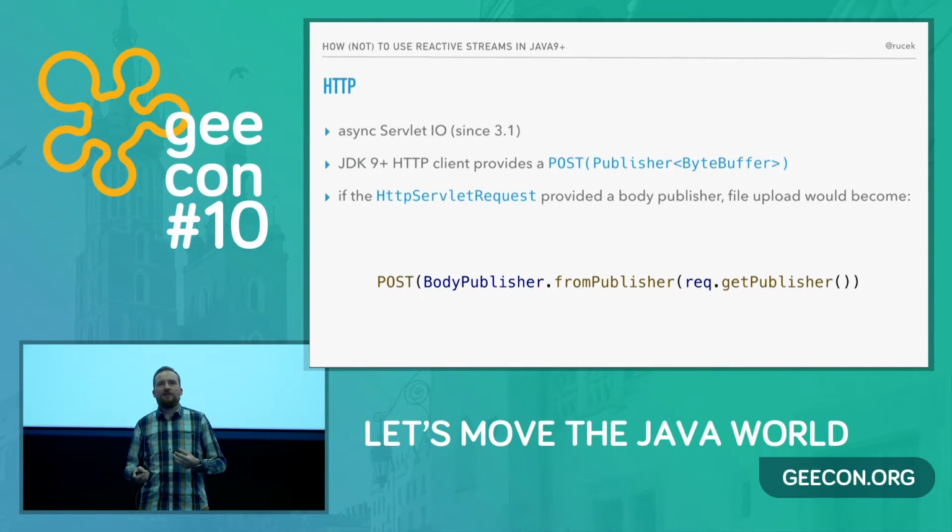If you think of the task of file uploading, it's not that trivial to implement without this. But if you had all the reactive interfaces implemented, connecting them together would be as easy as that. But of course, the HTTP servlet request doesn't yet have anything for any publisher. So the async concepts are a bit on the side, but the reactive interfaces are not yet exposed.